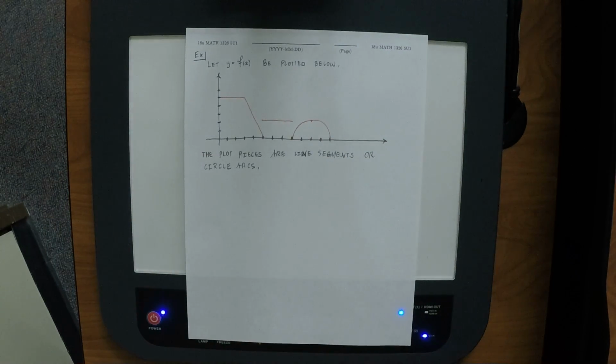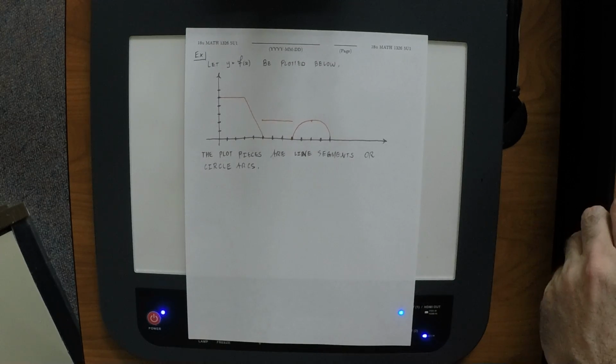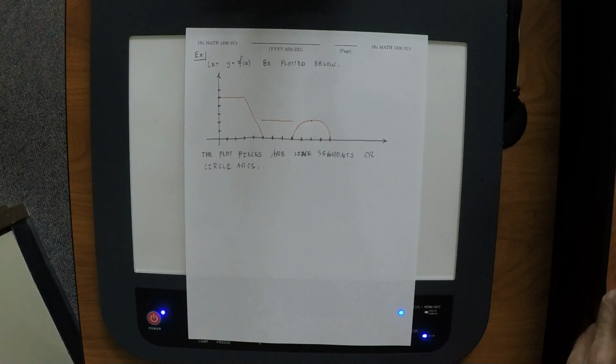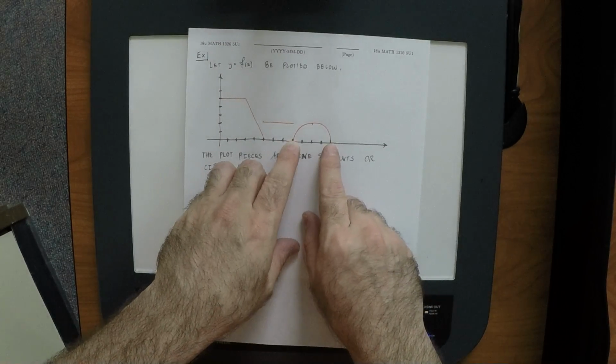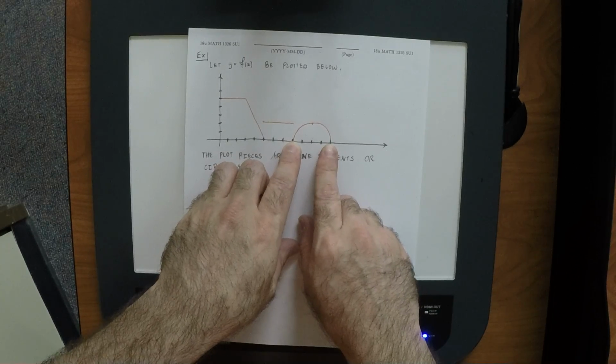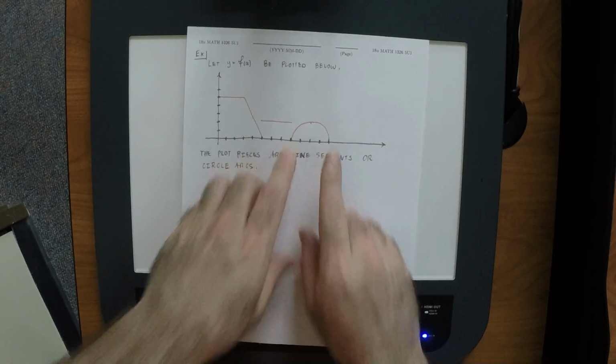Okay, so that's the plot of this function. This function is continuous except at 2 points where it has jump discontinuities. But all the various pieces are all line segments or arcs of a circle, meaning that this is like a semicircle. All right.